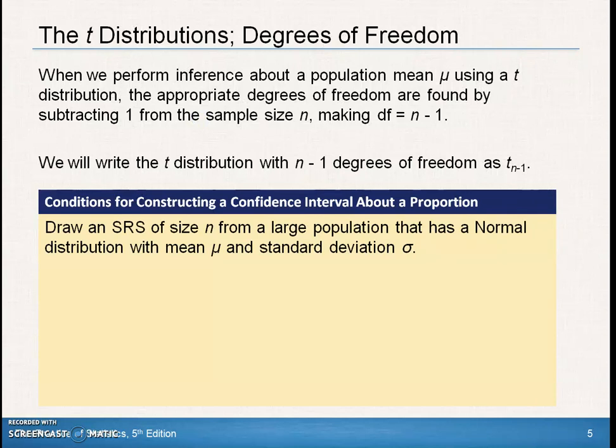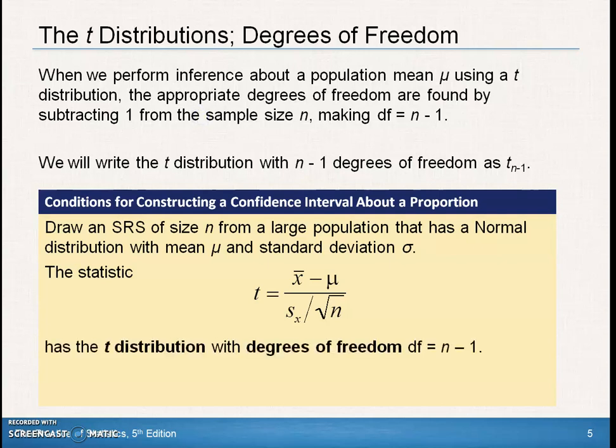Conditions. So, simple random sample of size n from a large population that has a normal distribution with a mean mu and standard deviation sigma. The statistic t uses X bar minus mu over s of x divided by the square root of n. That's the t-distribution stuff, with degrees of freedom n minus 1.